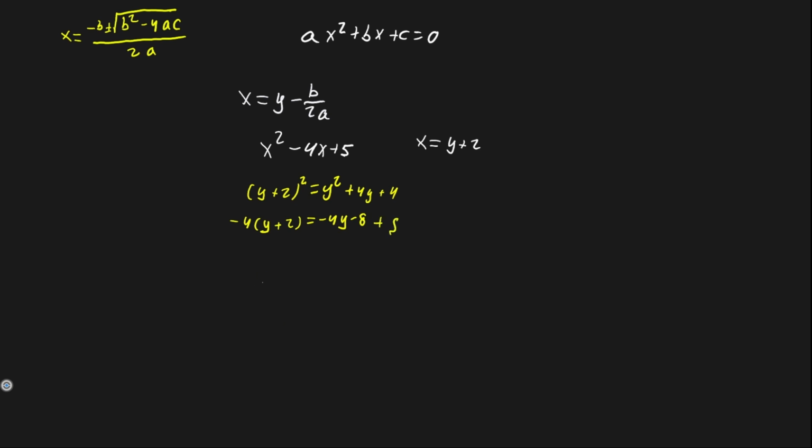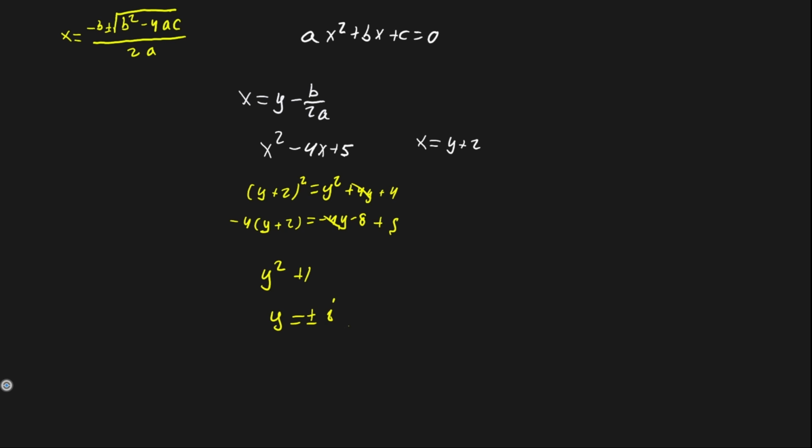And here we're going to have y squared, since the 4y's are going to cancel out. And we have 9 minus 8, which is positive 1. So if we go ahead and look for y, we're going to get that y is equal to plus or minus the square root of negative 1, which we can write as i, the imaginary number.